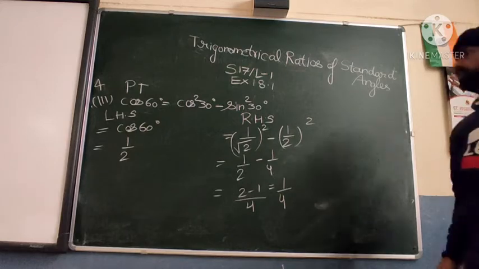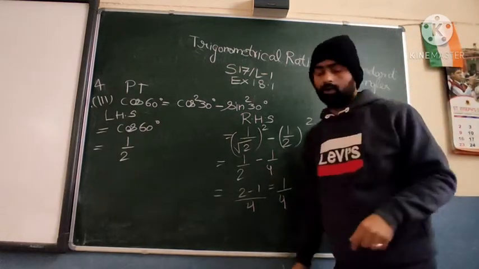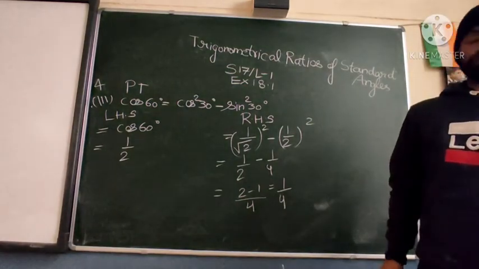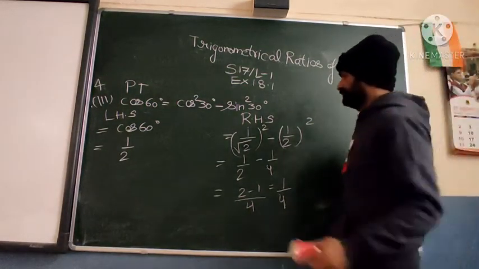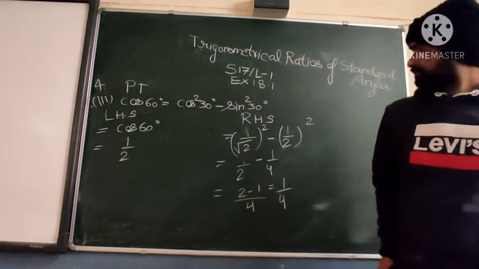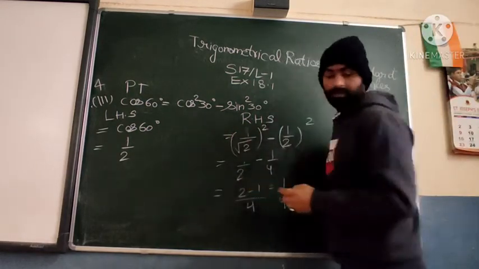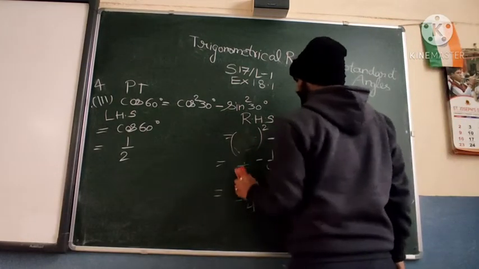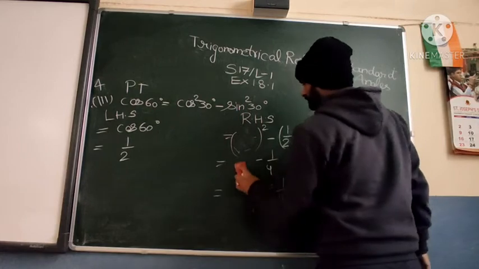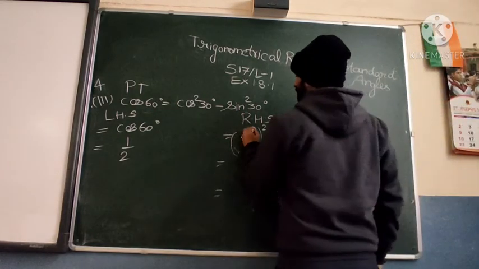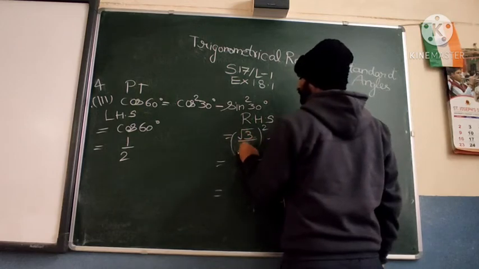Sorry, the value of cos 30 is not 1/√2, it is √3/2. Cos 30 is √3/2, whole square.